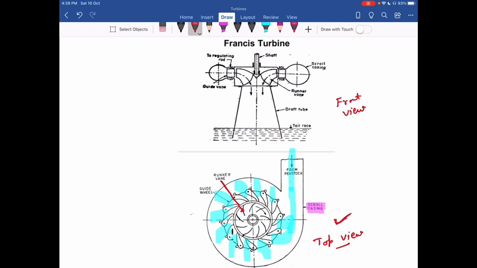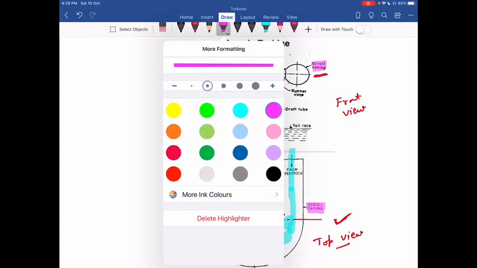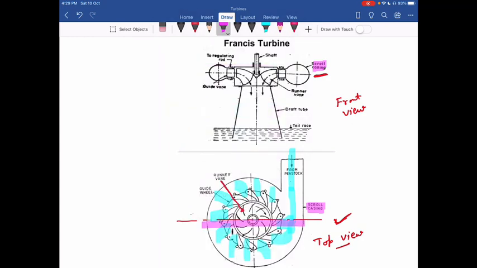Now in this case, you can see, here I have the casing, the scroll casing. Okay. So this casing, this cut section model, if I can tell you, along this line, I remove this part.